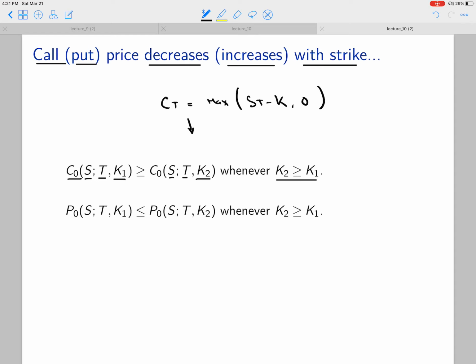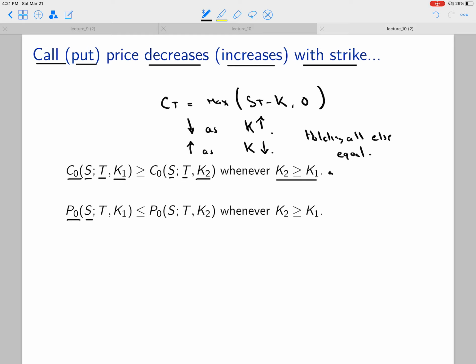And this goes down as K goes up, and it goes up as K goes down, holding all else equal. Okay, so call payoff holding all else equal is higher when the strike price is lower. And so if you have a K1 that's less than some other K2, then this call is going to be better.